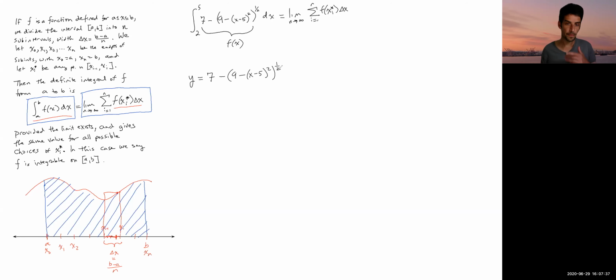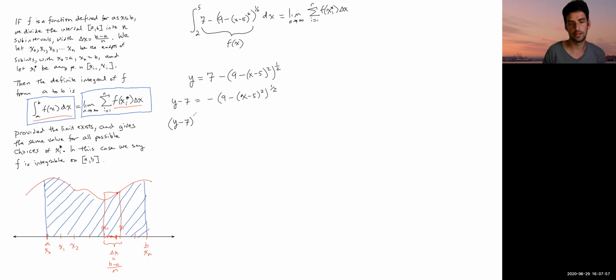this function. And let's do a little bit of algebra. So I've just subtracted 9 from both sides. And now I'm going to square both sides.